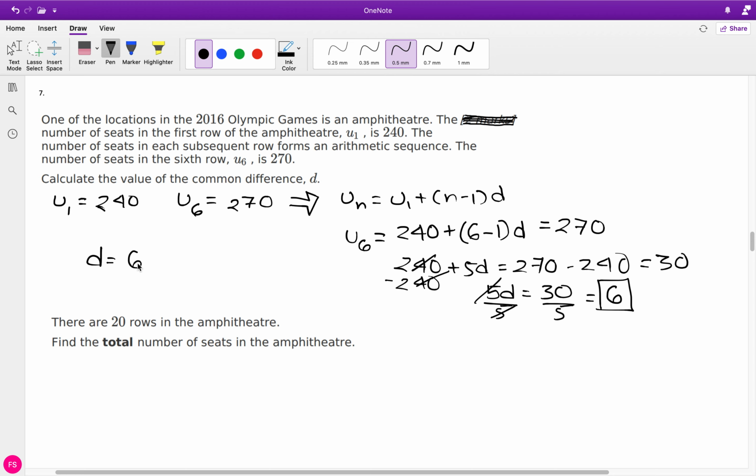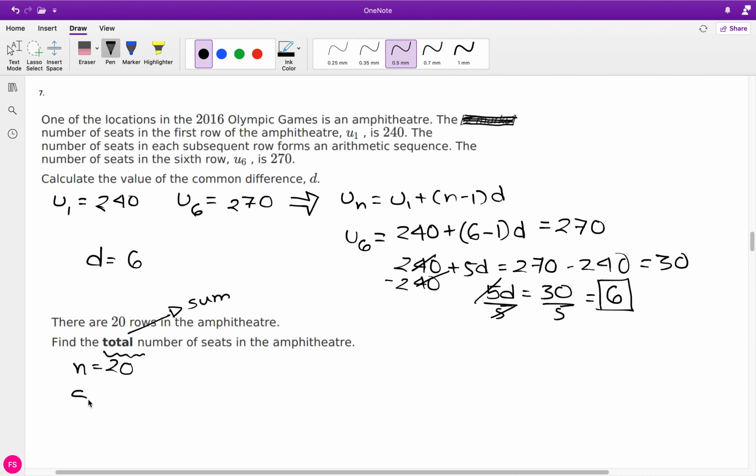Now that I know my first term and my common difference, I need to find the total number of seats in the amphitheater. The information that I have is there are 20 rows in the amphitheater. That means n equals 20. Whenever you see this word total, it just means you need to find the sum.